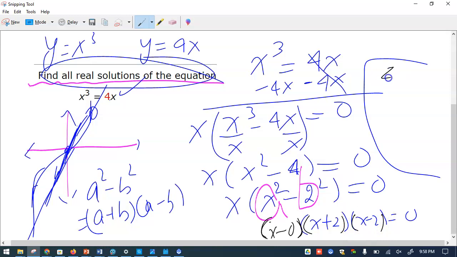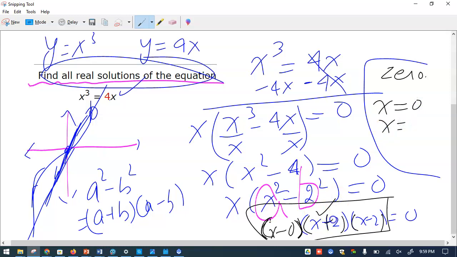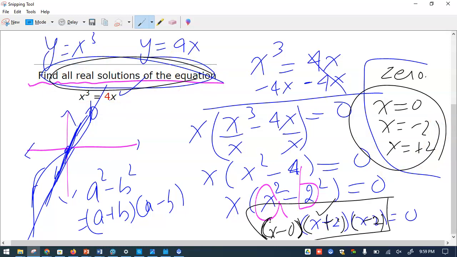What are the zeros here? The zeros mean when the left side becomes equal to 0, each one of them has to be 0. So either the first one is 0, x is 0, or x is the opposite of plus 2, which is minus 2, and the opposite of minus 2 is plus 2, and that's all the real solutions. Done. So that means they meet at this point and they also meet at 2.